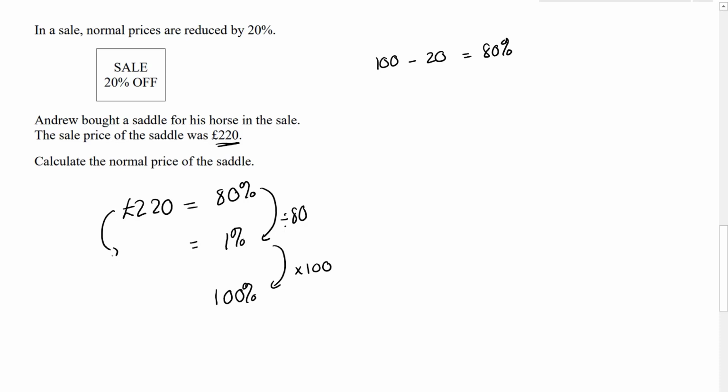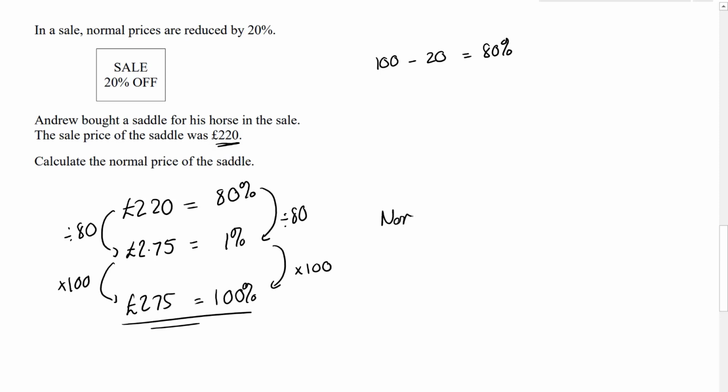So if we do 220 divided by 80, that gives us £2.75, and then timesing that by 100 means we get £275. And so the normal price of this is that £275.